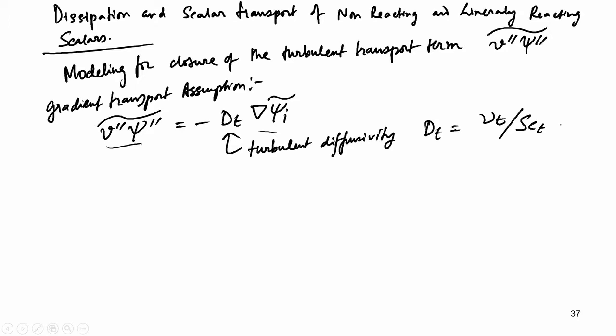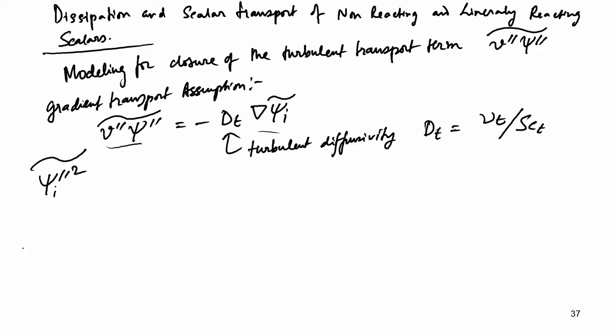Now, we want to show that the gradient transport assumption may not be acceptable for reacting scalars. For that we need to derive an equation for the variance of this reactive scalar itself. Once again this is analogous to the turbulent kinetic energy.